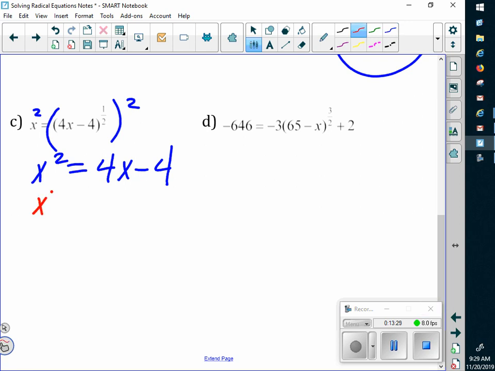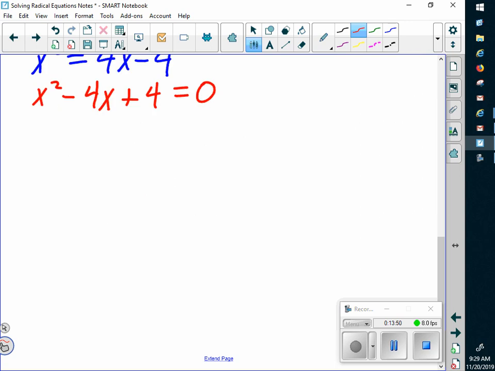X squared? What do I have to do to 4x to move it? Subtract it. I'm trying to see if you can do this in your head. Subtract it. It's going to be negative 2.